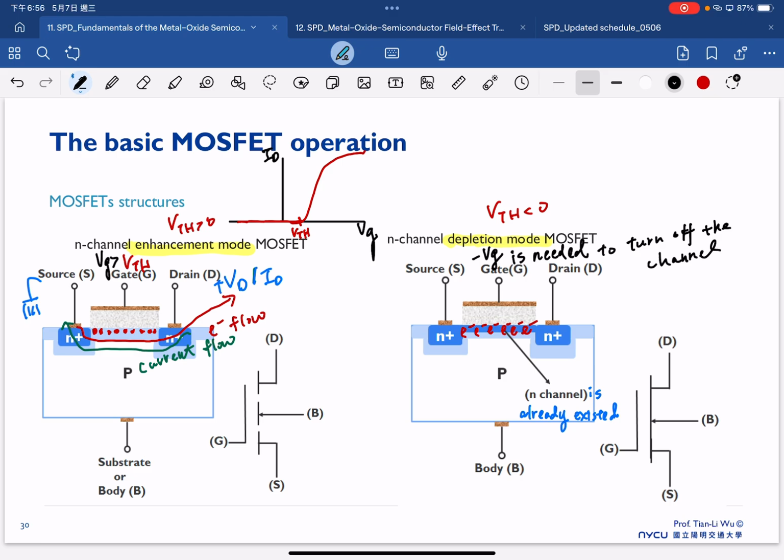In this case, the negative VG bias is needed to deplete the electron channel.